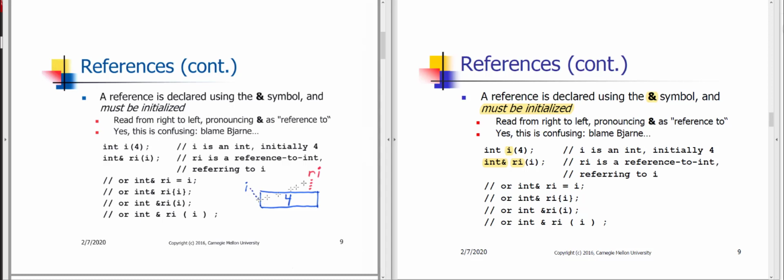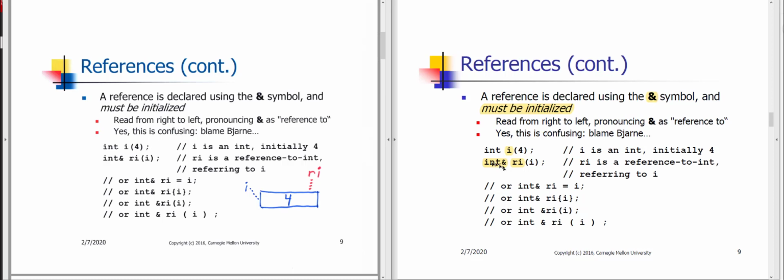To differentiate between references and pointers, I'm using dots rather than an arrow symbol to associate or bind a particular name to a particular object in memory. So I, you can actually think of as being the first reference to this int object that's initialized with 4. Ri is then declared as a reference to an int referring to I, that is, referring to the same object as I. So I and Ri both refer to the same int object in memory.